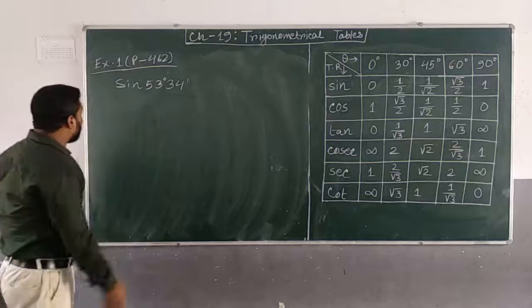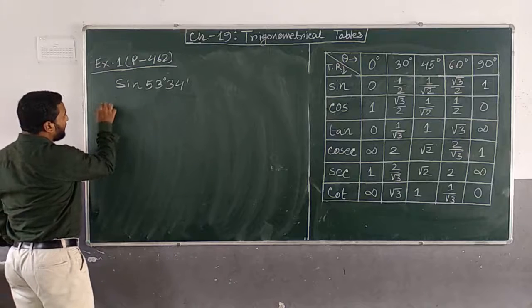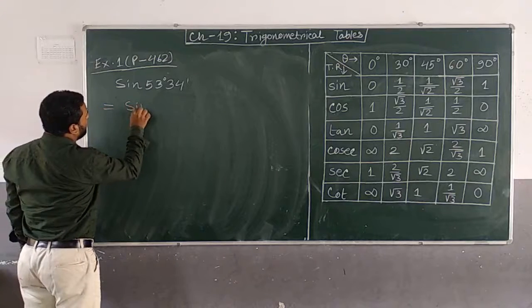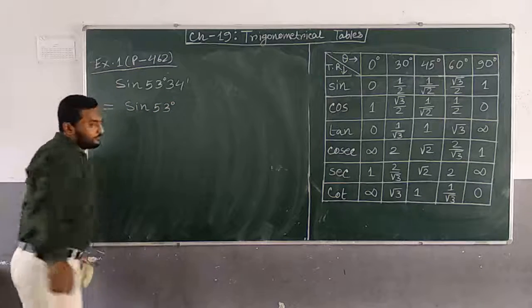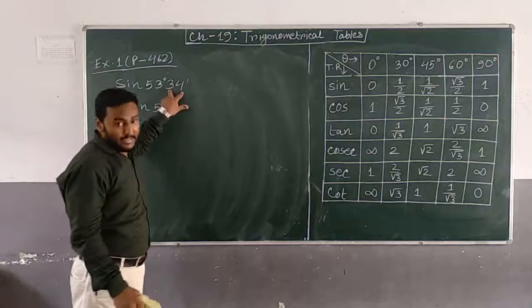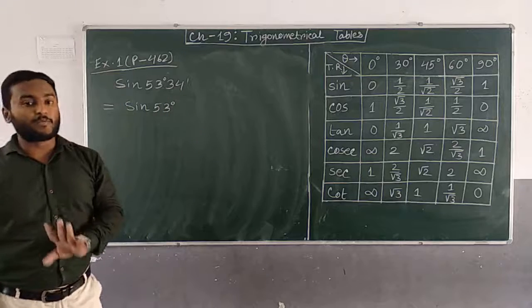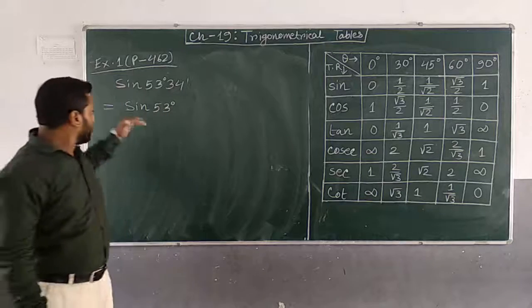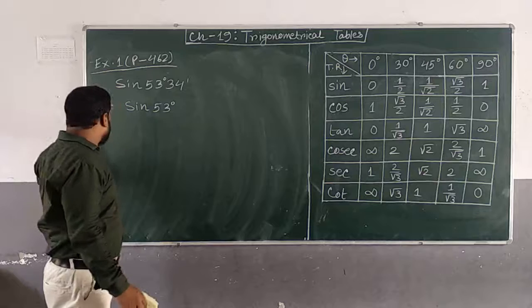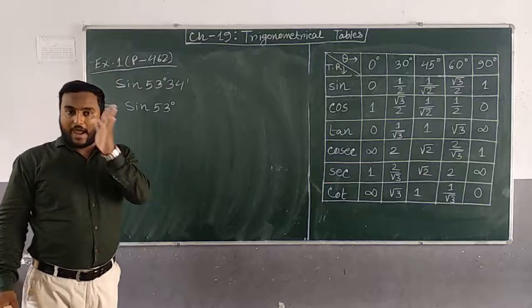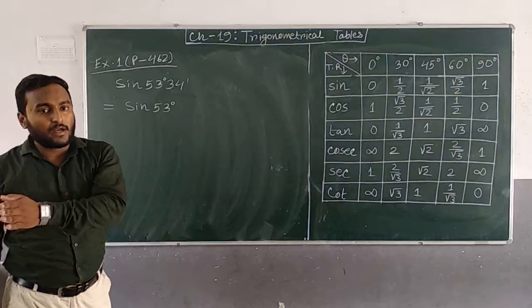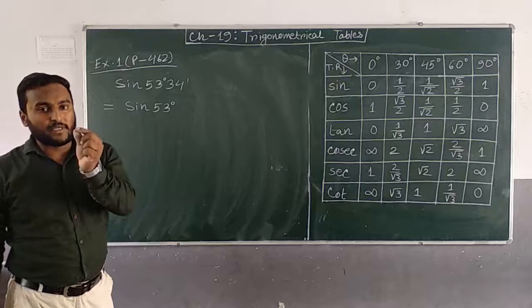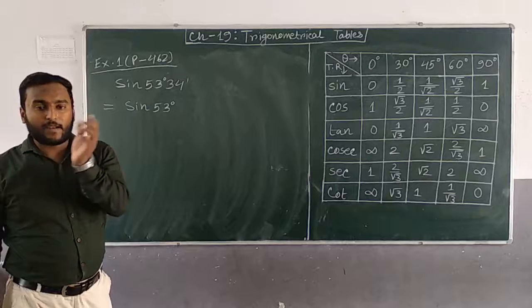Okay. But before that, this can be written as sine 53 degree 34 minutes. This is not a multiple of 6. Remember the second characteristic: at leftmost there is the degree column. After that 10 columns are there containing 0 minute, 6 minutes, 12 minutes like this.